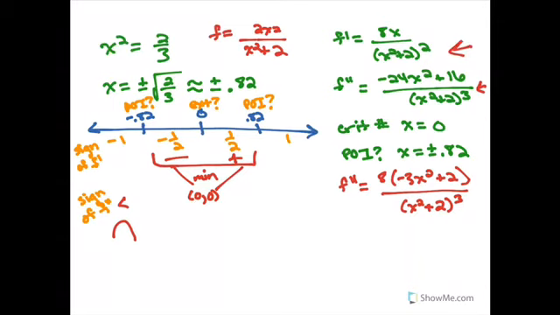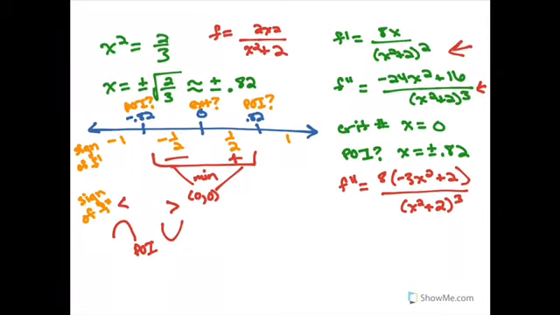So what if I plug in negative 1/2? Well, it'll become a positive 1/4, and negative 3 times positive 1/4, that's negative 3/4 plus 2. That's going to be a positive number, right? So we have a positive over a positive. I am greater than 0 here. I am concave up, so I just found a point of inflection.